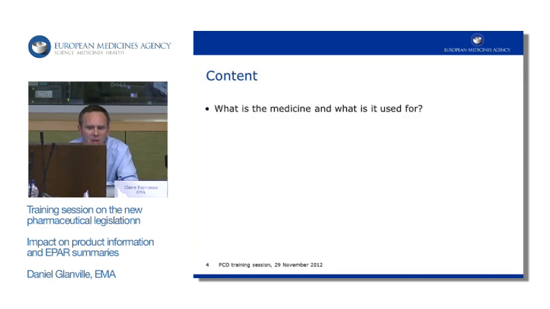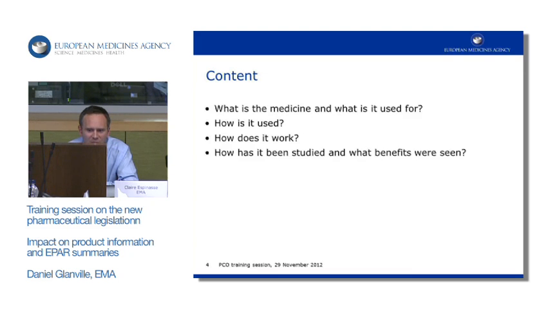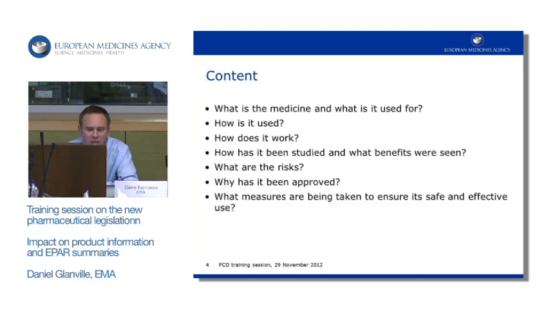What the medicine is and what it's used for, how it's used, how it works, how it's been studied and what benefits have been shown, what the risks are, why it's been approved, and also what measures are being taken to ensure safe and effective use.